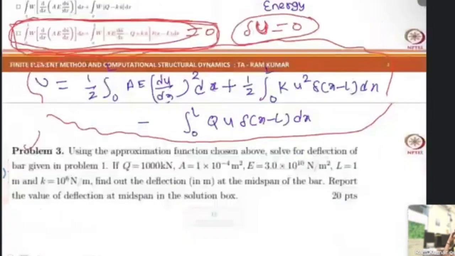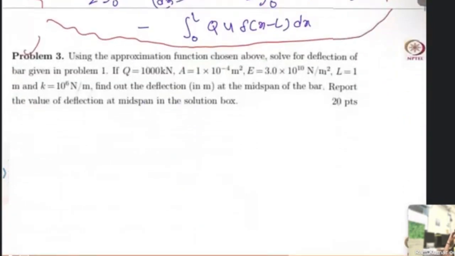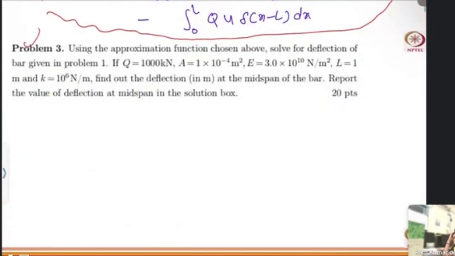Then again, if I go to third problem, using the approximate function above, this is our approximate function u equal to c1x plus c2x square. Solve for deflection of the bar. Now we have to find the deflection of the bar.